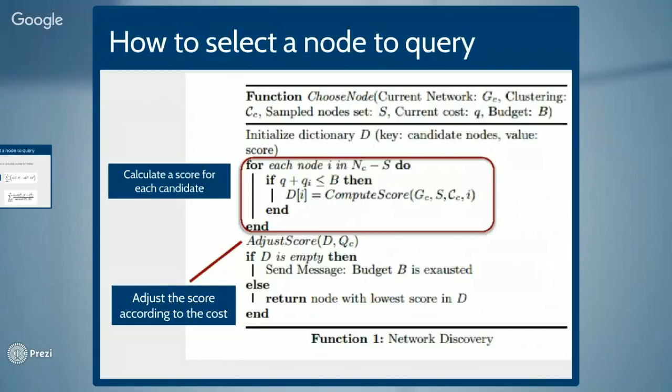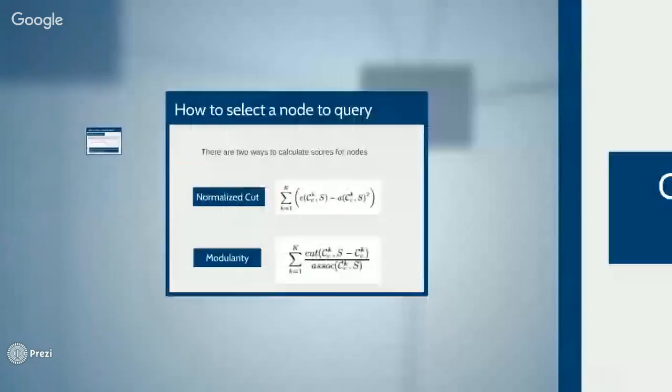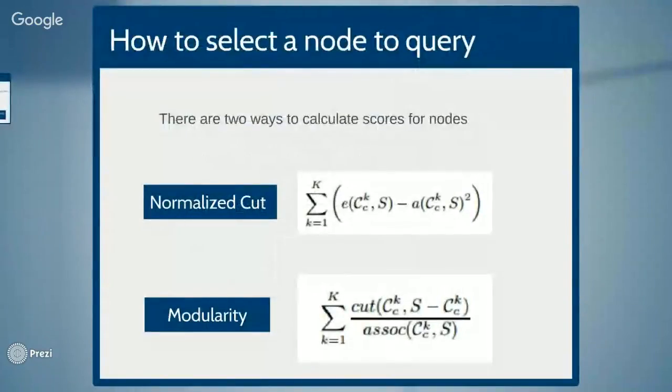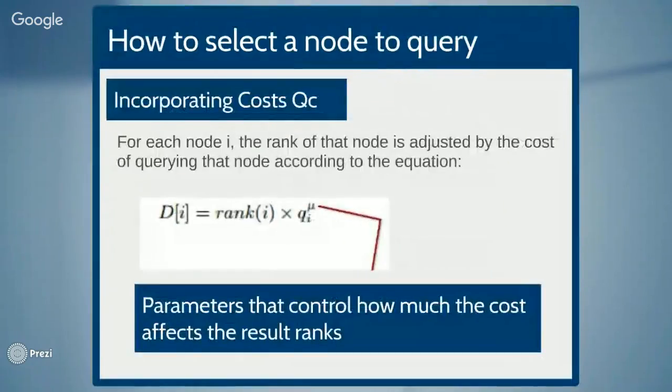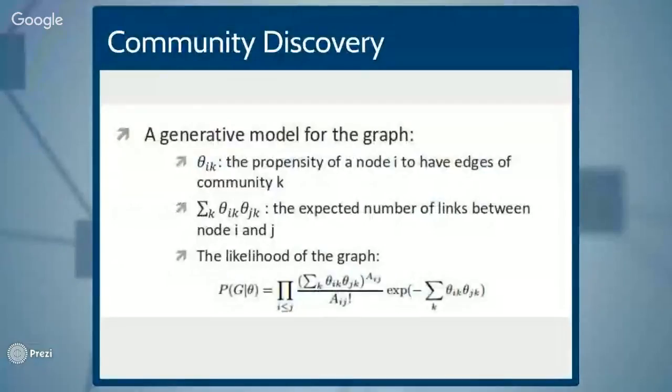Then the score is adjusted by some parameter. This is how the scores are computed. There are two parameters to do that: one is normalized cut and the other is modularity. We normalize the score by multiplying it by its cost. The higher the cost, the more chances of it not being selected.